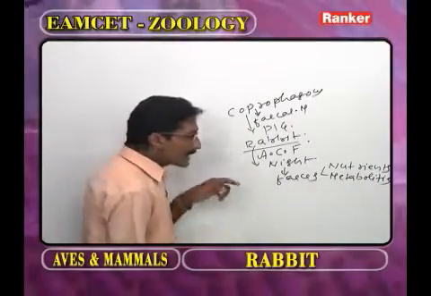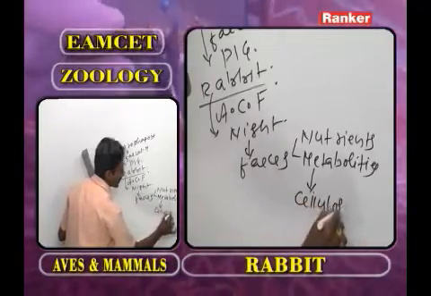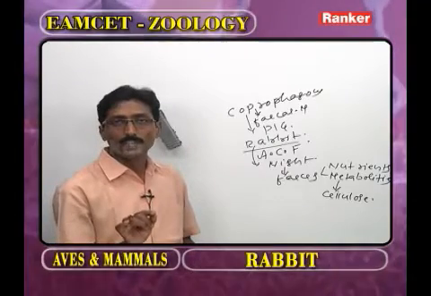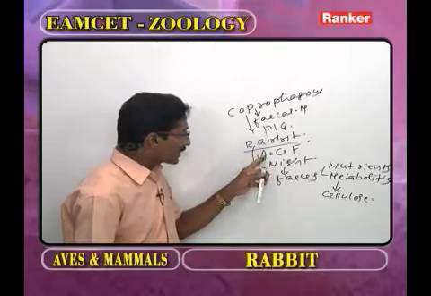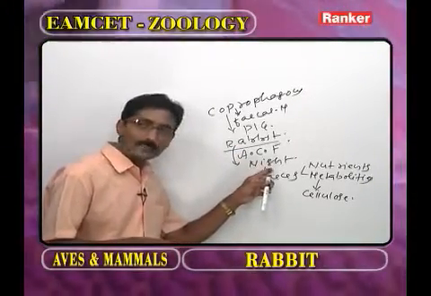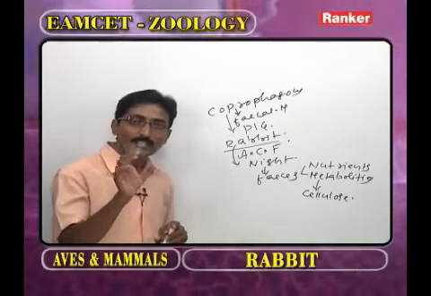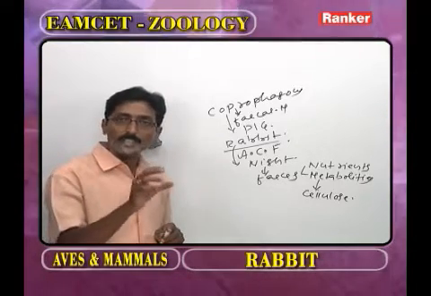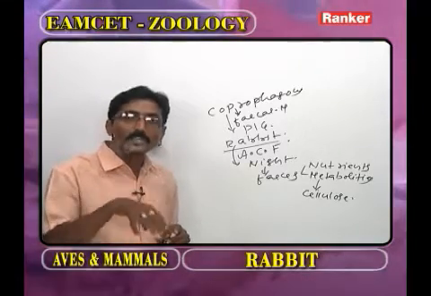These nutrients and metabolites are responsible for the further digestion of cellulose. So, only during the night time the rabbit eats its own fecal matter, because the fecal matter released by the rabbit at night consists of important useful metabolites and nutrients, which are responsible for the digestion of cellulose.